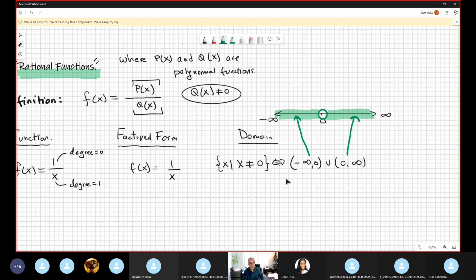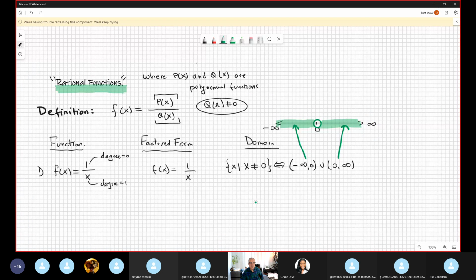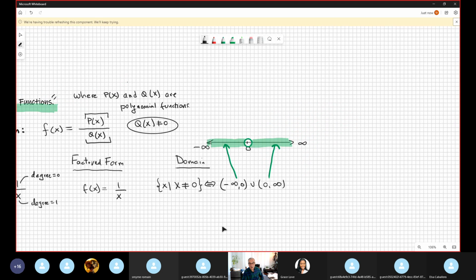Yes. Let's move on to the second example. And let me say something I forgot. In any graph of a rational function, we have an asymptote. This is a new idea. And what's that?